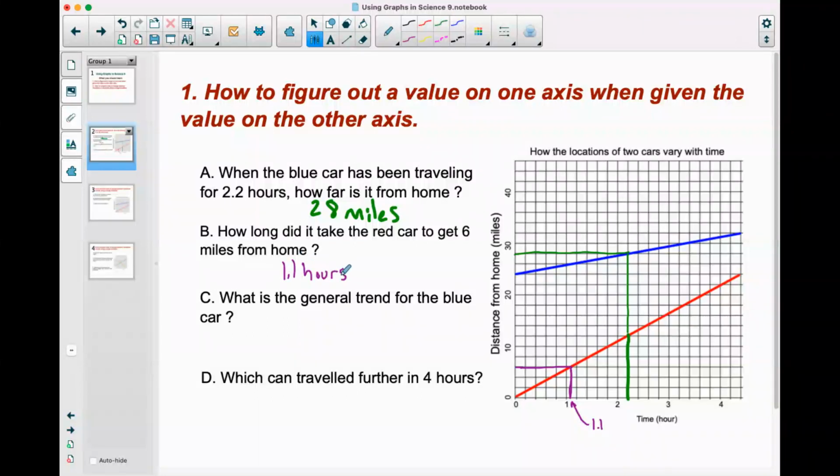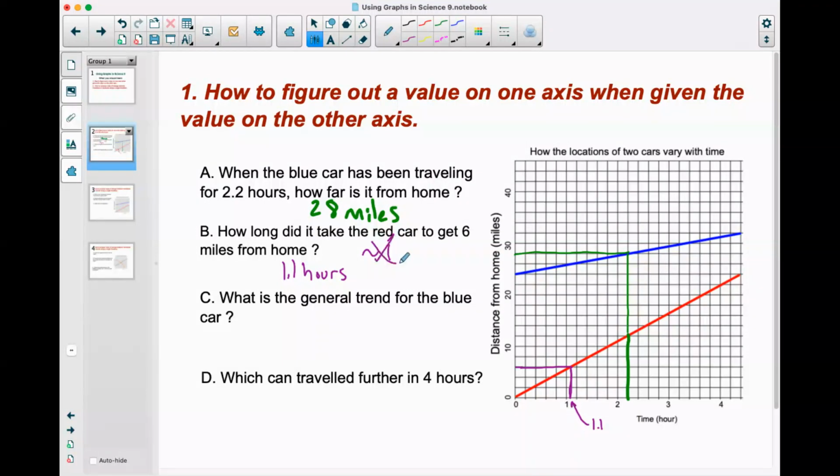What is not a proper answer is to say, well, it's kind of close to 1, or to put something like this, 1. That's not what we want you to be able to do. We want you to be able to make an estimate between the lines. You're not completely guessing. You know it's more than 1, and you know it's less than 1.2. So it's not a guess, but you are estimating between the two.